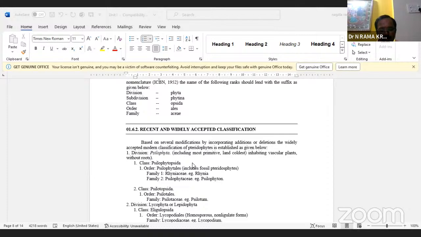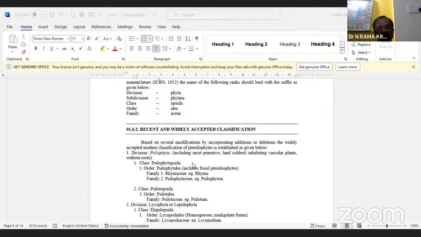He recognized six classes in pteridophytes: Psilopsida, Psilotopsida, Lycopsida, Sphenopsida, Pteropsida, and Progymnospermopsida. Here you see Psilopsida and Psilotopsida in class B, and next Sphenopsida, and then Pteropsida.